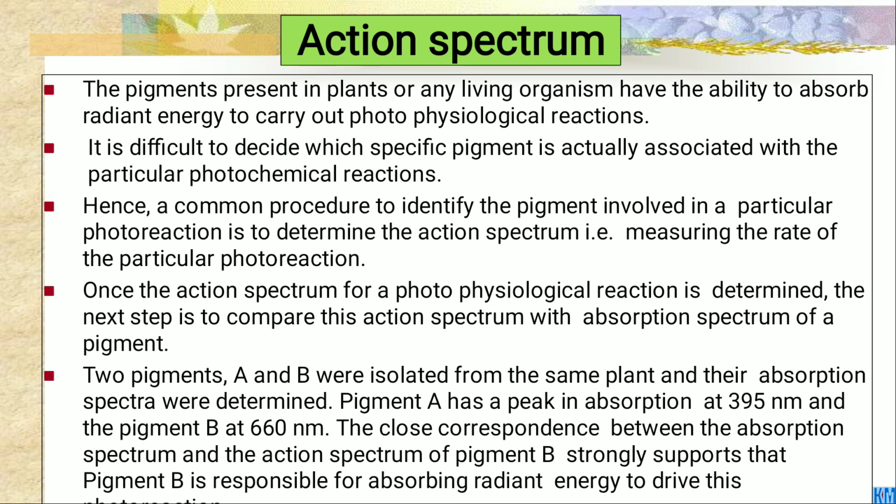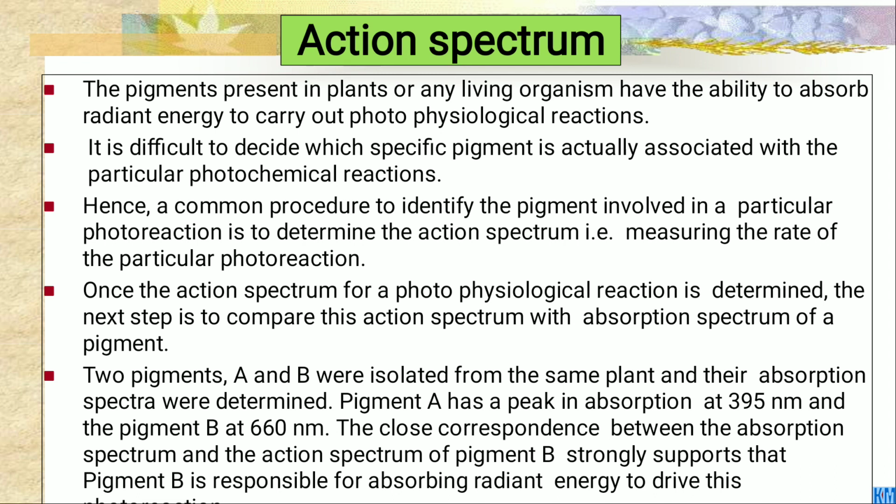Pigments present in plants or any living organisms have the ability to absorb radiant energy to carry out physiological reactions. It is difficult to decide which specific pigment is actually associated with a particular photochemical reaction.